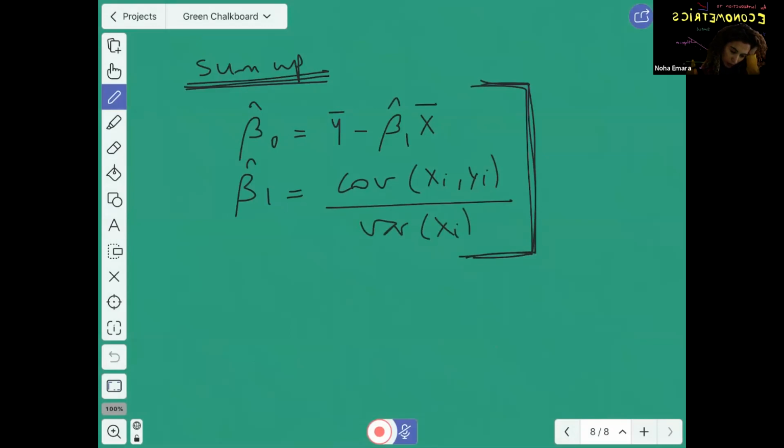It's going to be more of a matrix operation, where you would have a huge matrix with all the X's included. If you pursue studies or advanced courses in econometrics, everything is going to be done in a matrix operation. It's not going to be by hand.